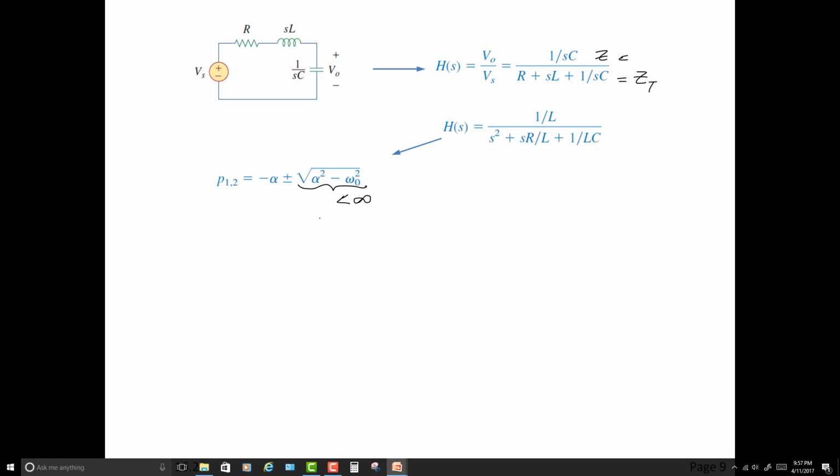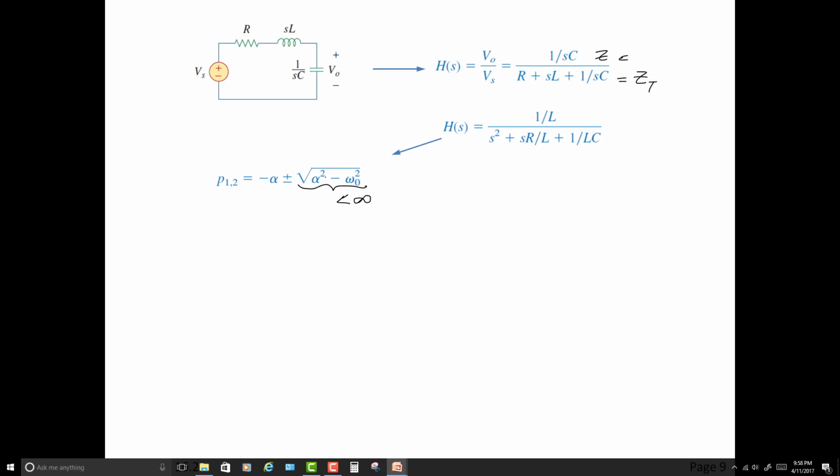If omega 0 was 0, the square root of alpha squared would be alpha, and you'd have minus alpha plus alpha, you'd get 0 at least. But this always reduces the alpha squared term so that this will always be less than alpha. And that is why the circuit works and it doesn't run away. Okay, you can just look at the discriminant here. That's the part under the square root.